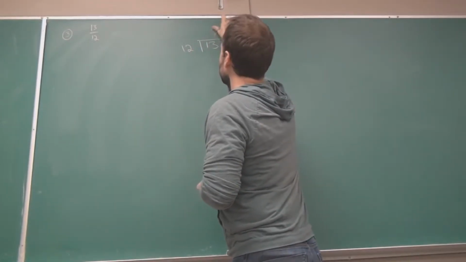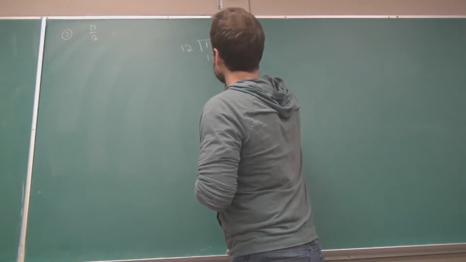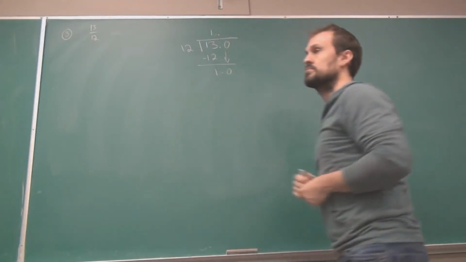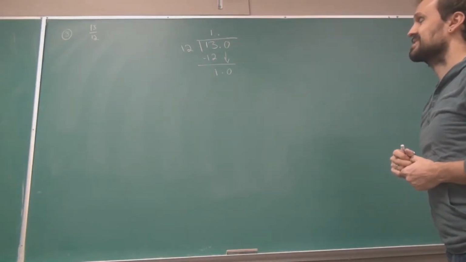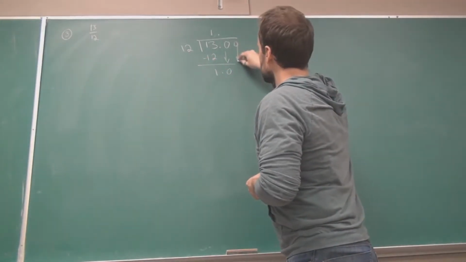No, it does. 1. I'm just kidding. 1 times 12 is 12. I have 1 left. I'm going to bring down a 0. So that's still not enough, is it? 12 doesn't go into 10. So I'll bring down another 0.